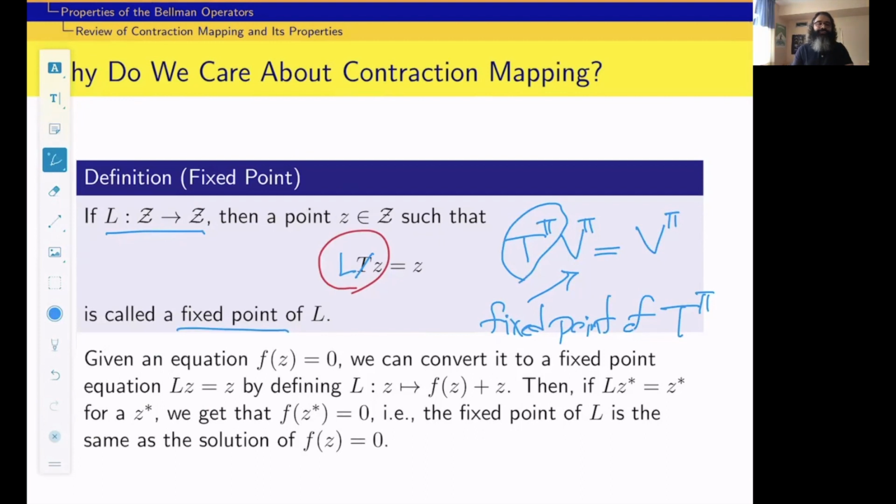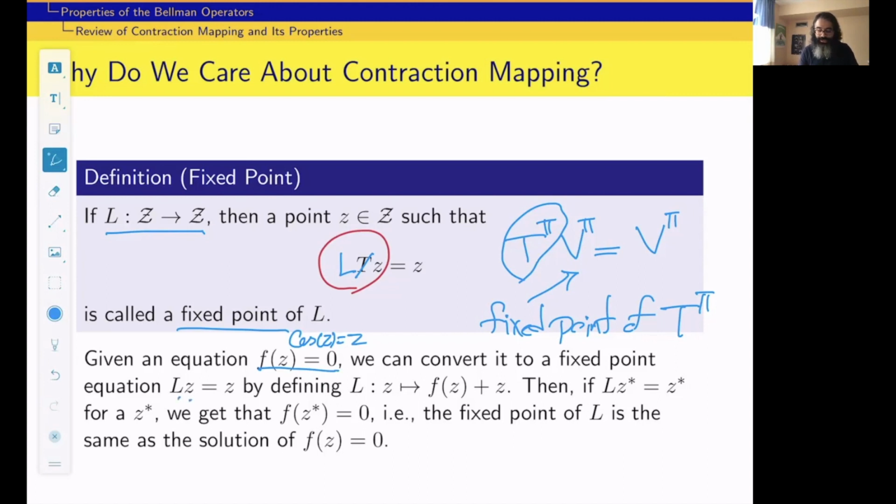You can also notice that a fixed point is related to the solution of an equation. How? Suppose you want to solve the equation f(z) equal to 0. For example, say cosine of z is equal to z. You want to find a z that satisfies it. We can convert it to a fixed point equation by just adding z to both sides.